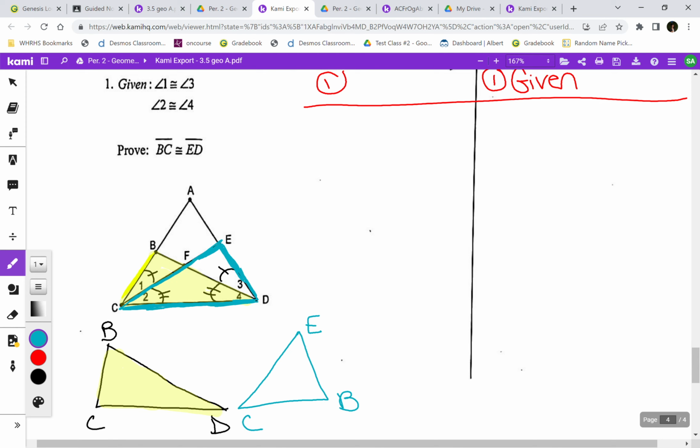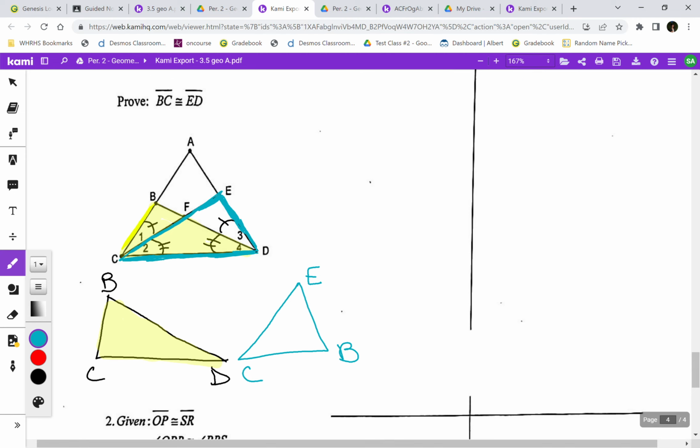Yeah, that is a full angle in the blue triangle. The different colors really help. Is angle 4 a full angle in the yellow triangle? Yeah. So I'm going to label those in my separated triangles. Angle 4 is angle BDC. That's right here. And that's congruent to angle 2, which is angle ECD, which is right here by angle C.